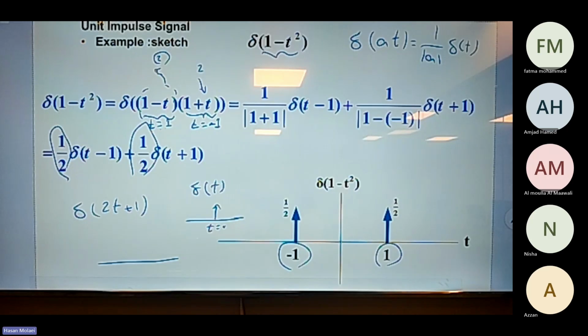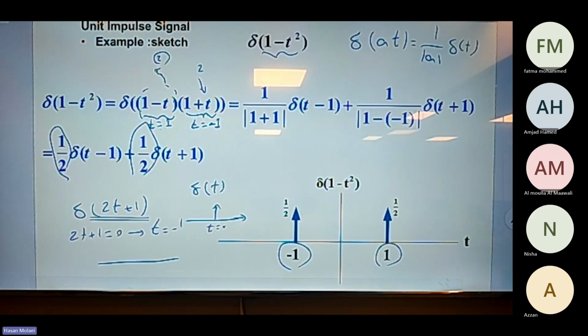You know this one, yeah? You set this argument equal to 0 and find the root. So if I set 2t plus 1 equal to 0, it would be minus half.